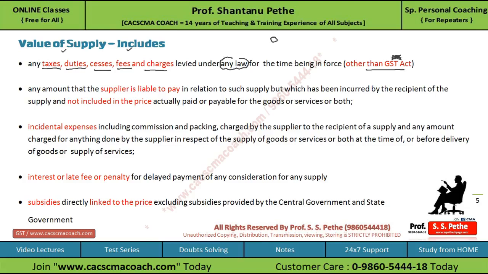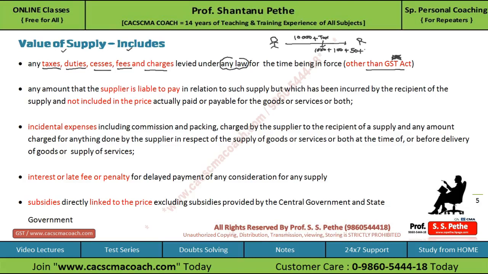For example, this supplier has supplied the goods to the recipient and the price or invoice says that 10,000 is the price of goods plus there is a tax by the local body, it amounts to 1,000 rupees. Then there is a certain duty which amounts to 100 rupees. Then there is a cess of 50 rupees, whatever may be the cess under any law.